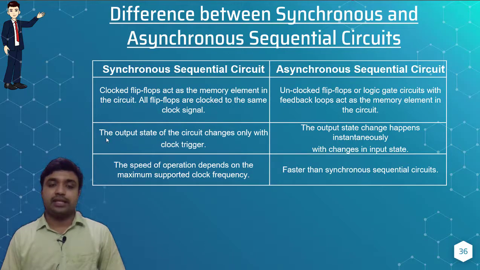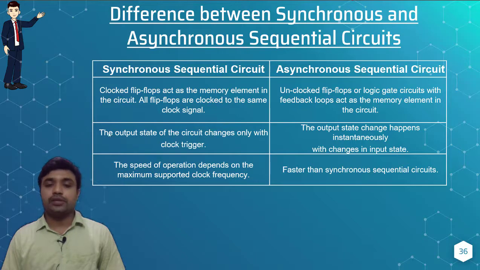The second difference is that the output state of the circuit changes only with the clock trigger. It makes use of the clock as one of its input conditions, which is why the output state changes with the clock trigger input. In the asynchronous case, the output state change happens instantaneously with a change in the input state.